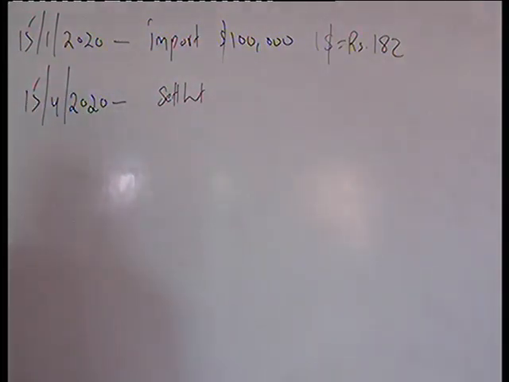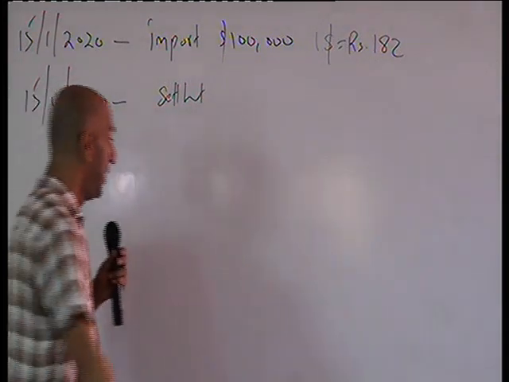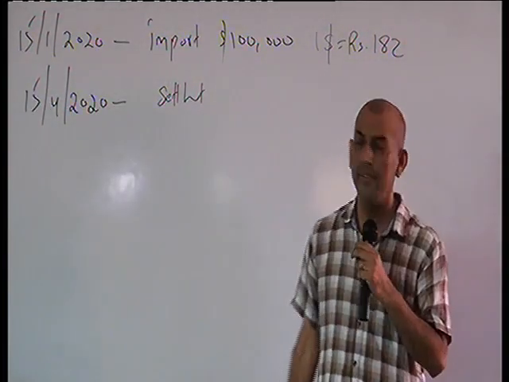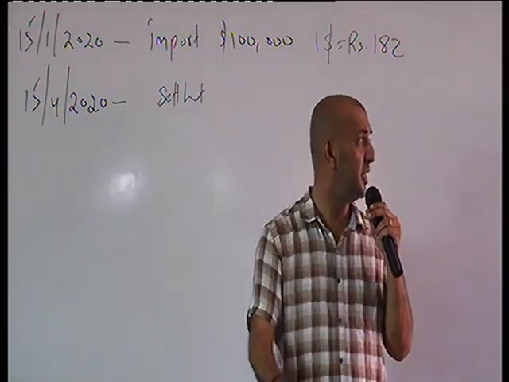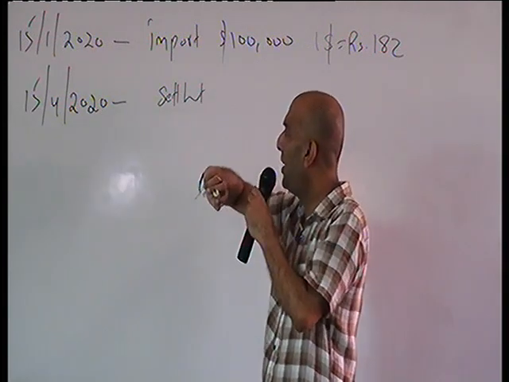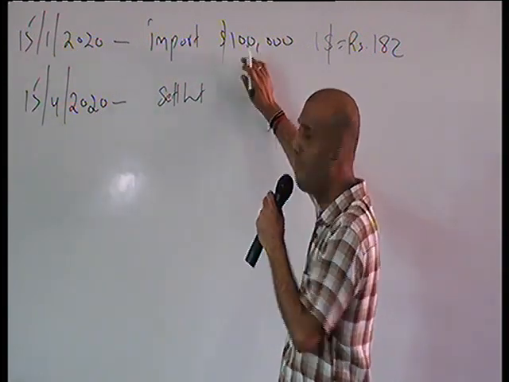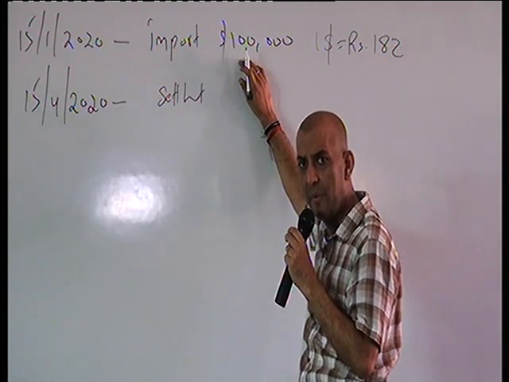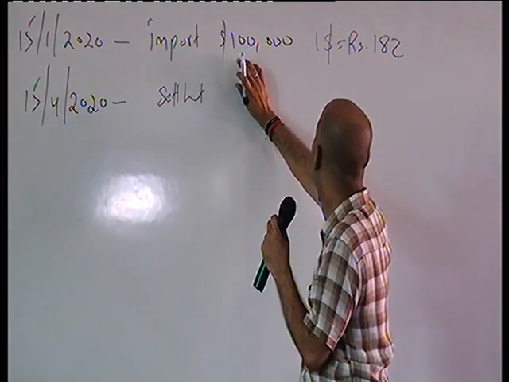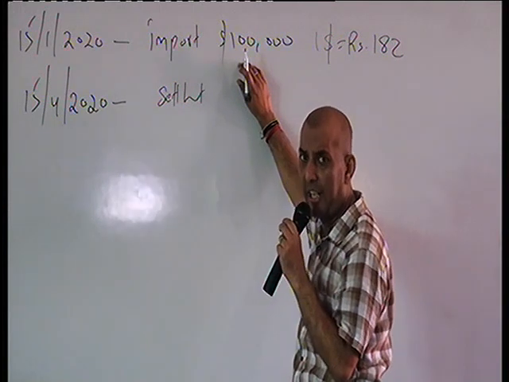Same example we have been talking about in the morning. A Sri Lankan importer imported goods worth $100,000 from USA on 15th of January. $1 equals 182 on that day.